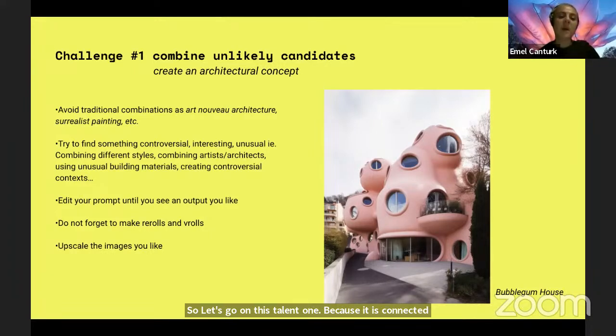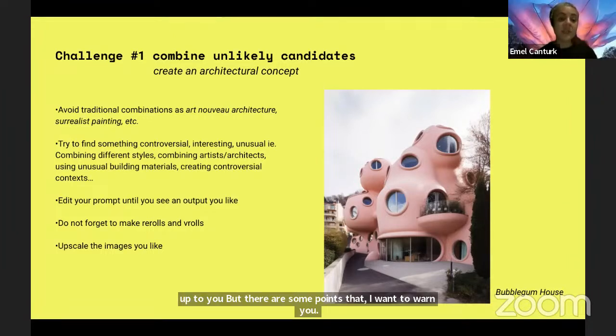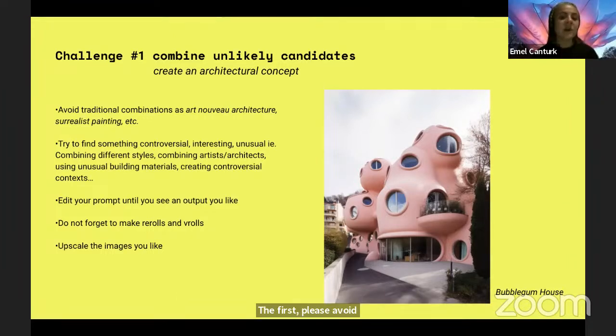I want you to combine unlikely candidates, like you combine 2 different words and create an architectural concept. So if you like your prompt in exercise 1, you can still stick to them, or if you want, you can change them. It's up to you. But there are some points that I want to warn you. The first, please avoid traditional combinations, such as Art Nouveau architecture or surrealistic painting.